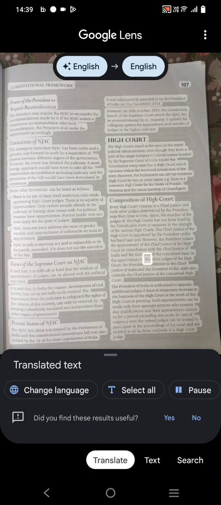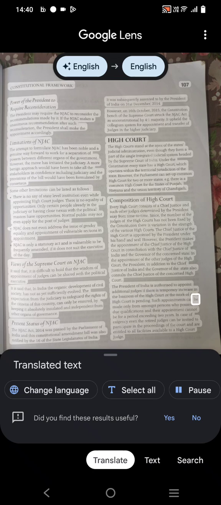In the appointment of the other judges of the High Court, the President, in addition to the Chief Justice of India and the Governor of the state, also consults the Chief Justice of the concerned High Court. The President of India is authorized to appoint additional judges if there is a temporary increase in the business of the High Court or the work of the High Court is pending.